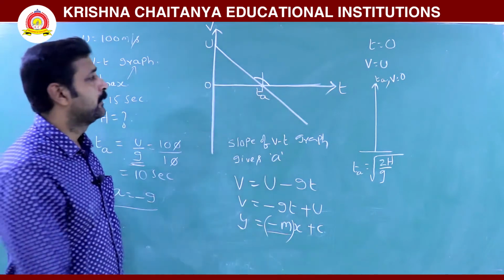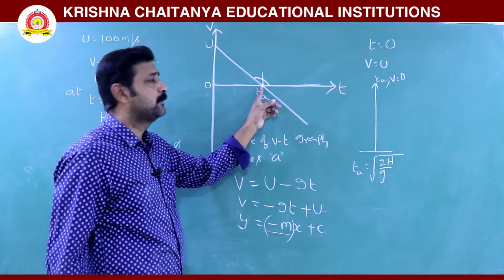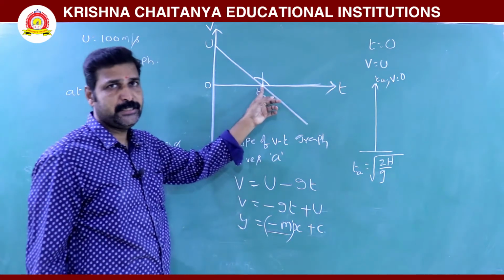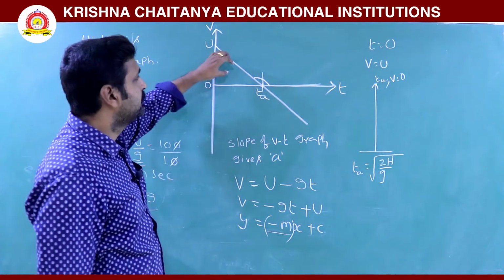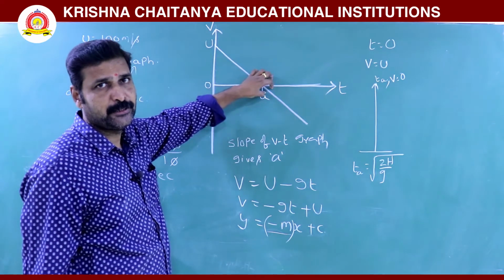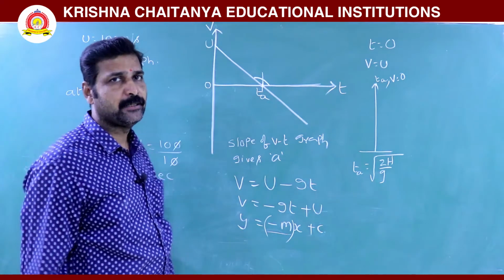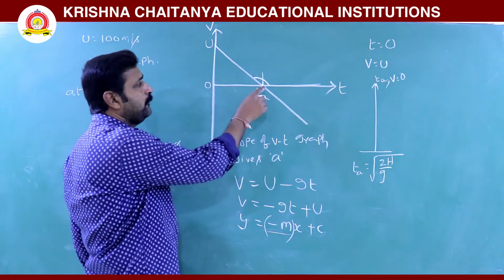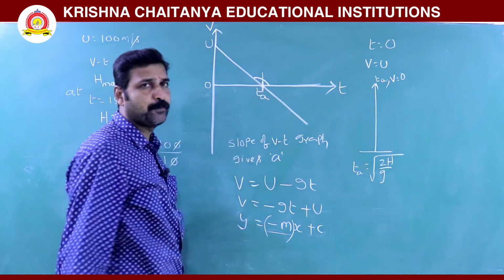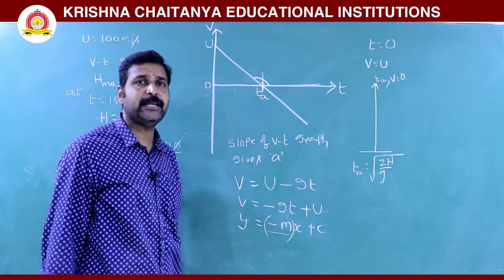So here up to the time of ascent, the area gives the maximum displacement the body travelled, that means the vertical displacement, which is the maximum height. So this VT graph up to TA gives the maximum displacement when the area is determined.